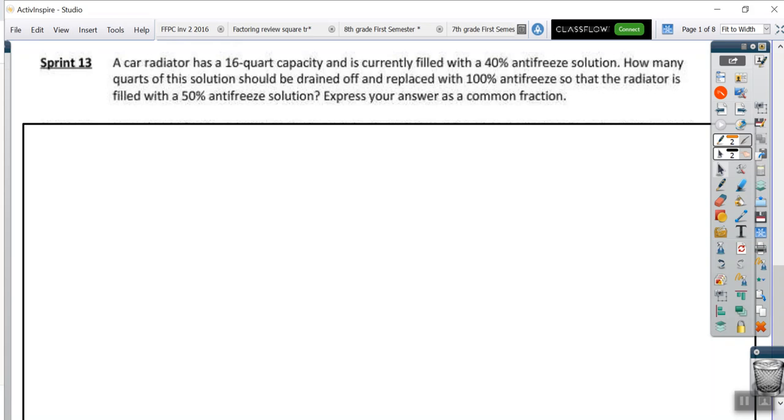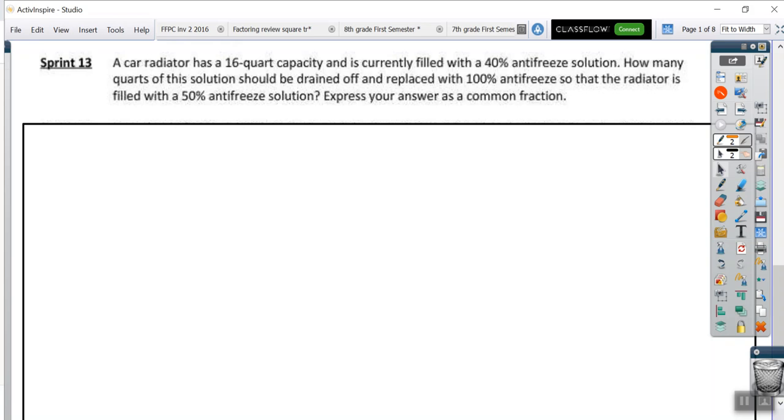So we have a 16-gallon tank that is 40% antifreeze, which means that it is 60% water. And we're going to drain that tank a little bit and put in pure antifreeze so we have a higher percentage of antifreeze. Does that make sense so far?